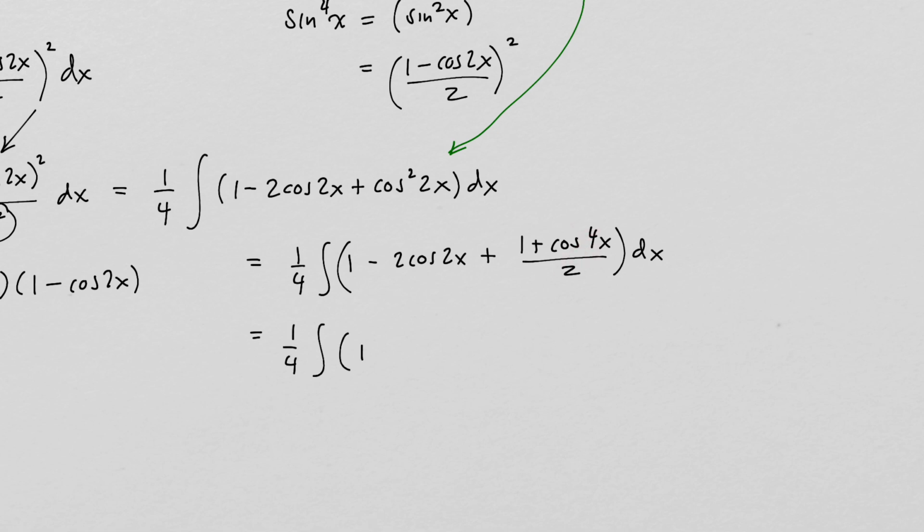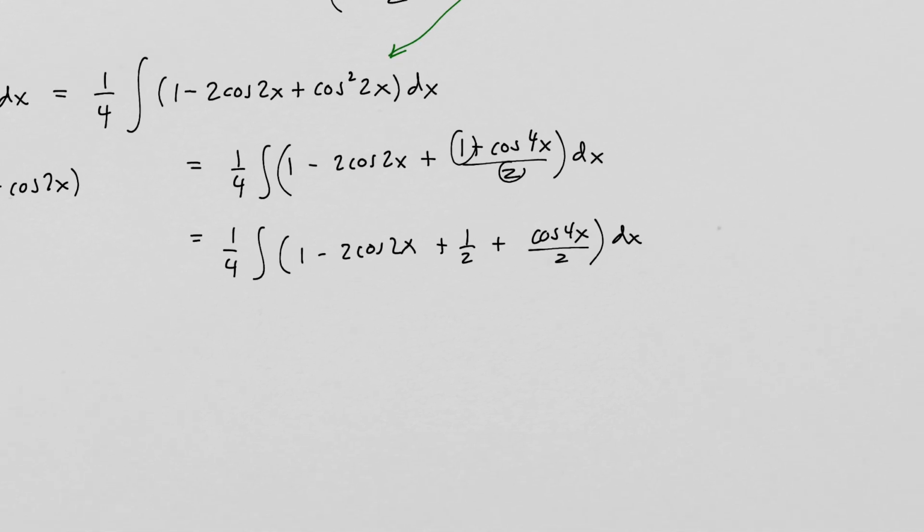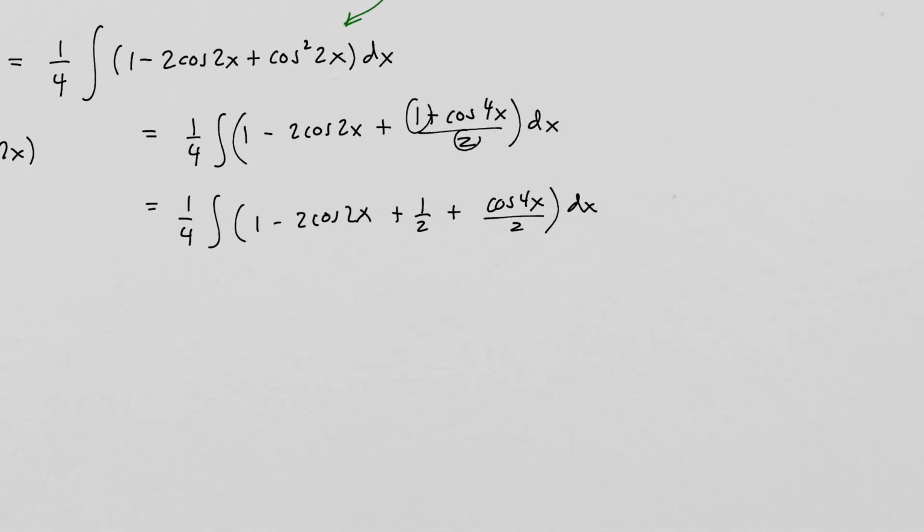So I have 1 minus 2 cosine of 2x plus, and then I have 1 divided by 2 plus cosine of 4x divided by 2. So I'm breaking that up as a fraction with the same denominator, which in essence is creating another integral.